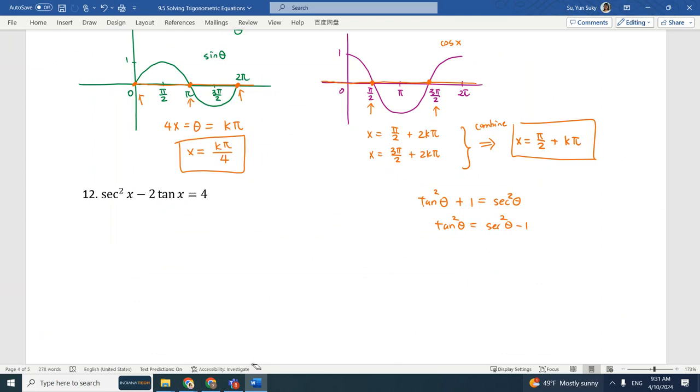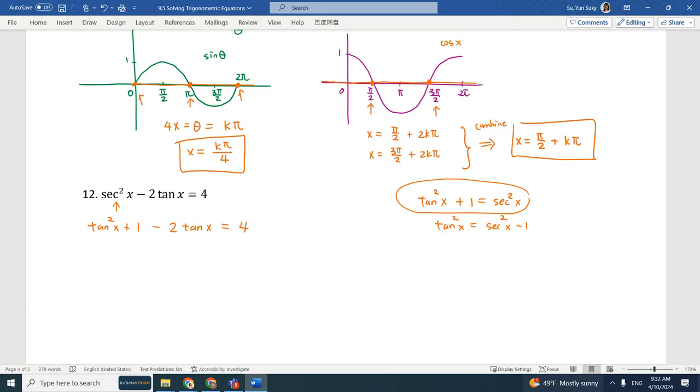Secant. Oh, by the way, let's use x as the angle. So secant x squared is tangent x squared plus 1. And then we have minus 2 tangent x equals 4. Everybody?